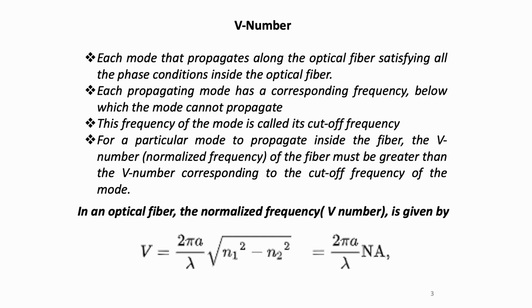So the normalized frequency is calculated by 2πa/λ multiplied by the numerical aperture. We know the formula for the numerical aperture.